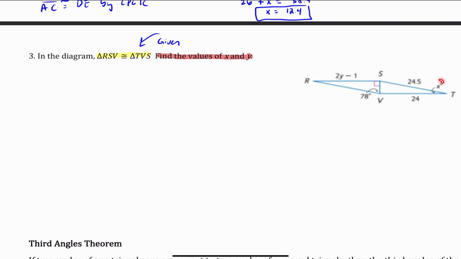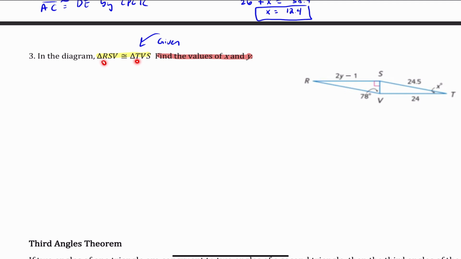I see that x is associated to T. So I'm going to take a look at my congruency statement. Since T has the variable that I want, and T is the first letter, I also look at the other triangle and look at the first letter, okay?